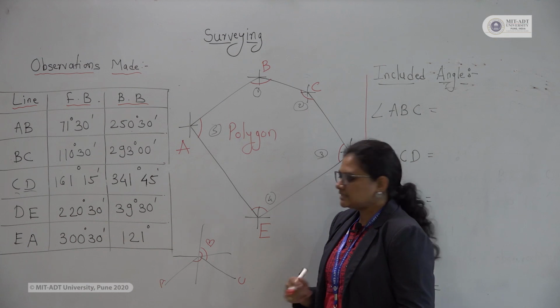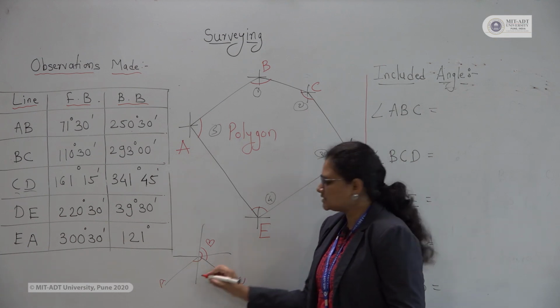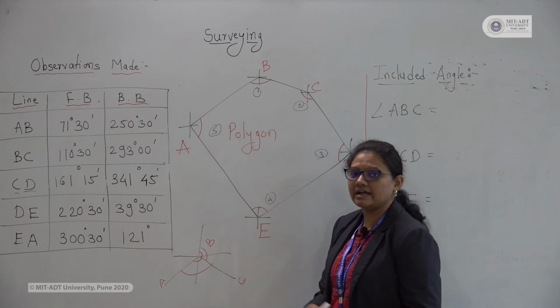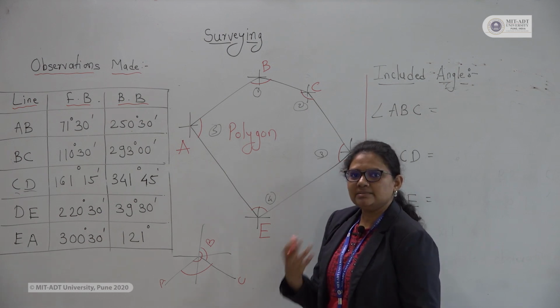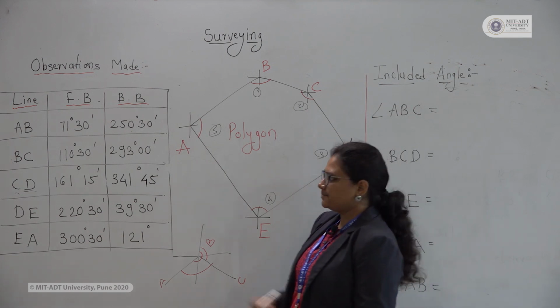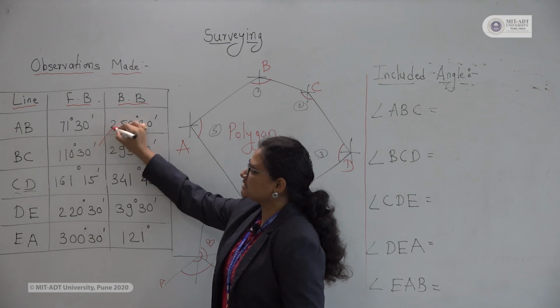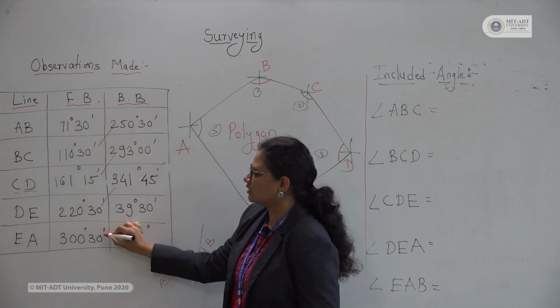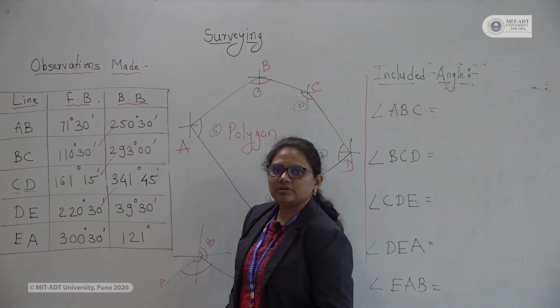Simply, you can see that if you subtract these two angles, then you will get the included angle at this point B. A simple way to remember this is that you simply take a subtraction of the readings which come from different lines.